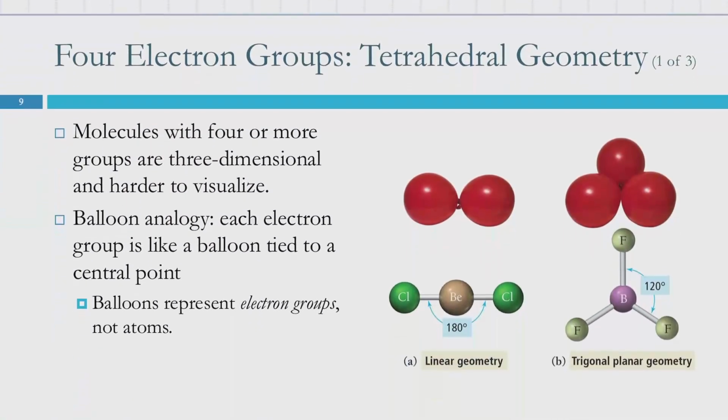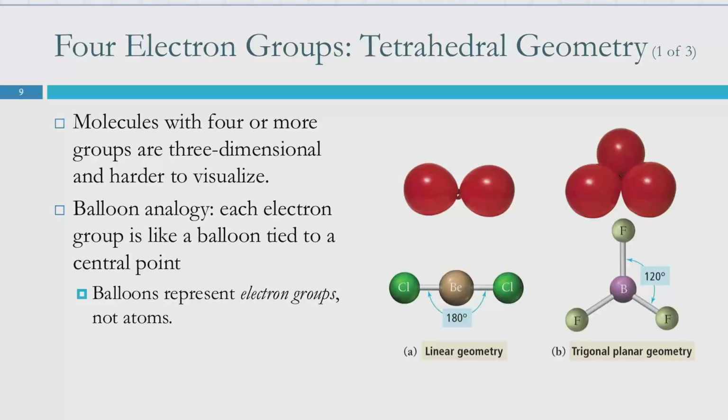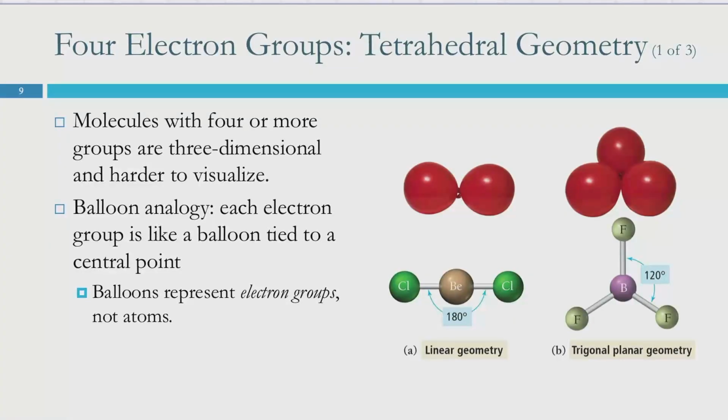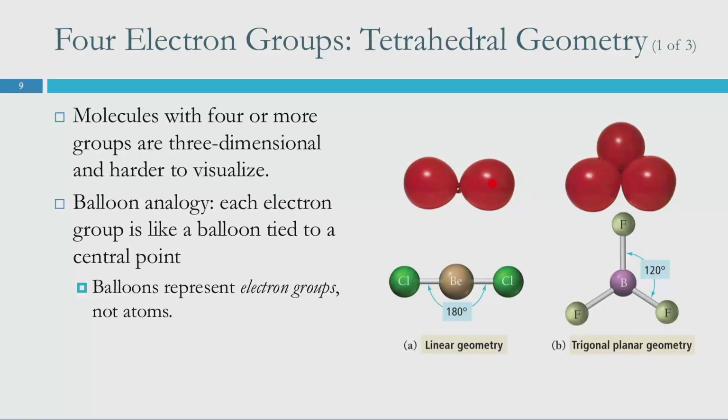All right, we can also have 4 electron groups. 4 electron groups gives us tetrahedral geometry. Molecules with 4 or more groups, which we'll talk about somewhat frequently, enter the 3-dimensional space, and they're a little bit harder to visualize. So if we use these balloons as an example, we've got pictures of balloons. Our balloons represent electron groups, and our central atom would be here where the balloons meet in the center. So for a linear pair, they're on opposite sides.